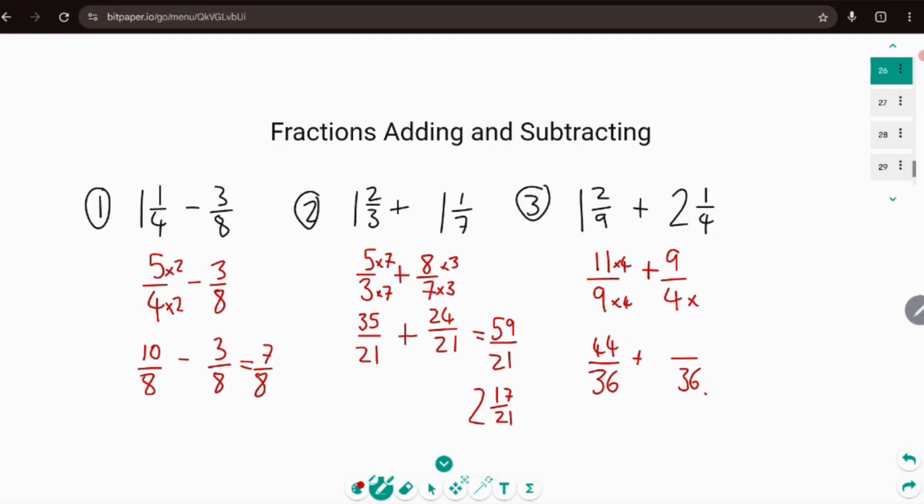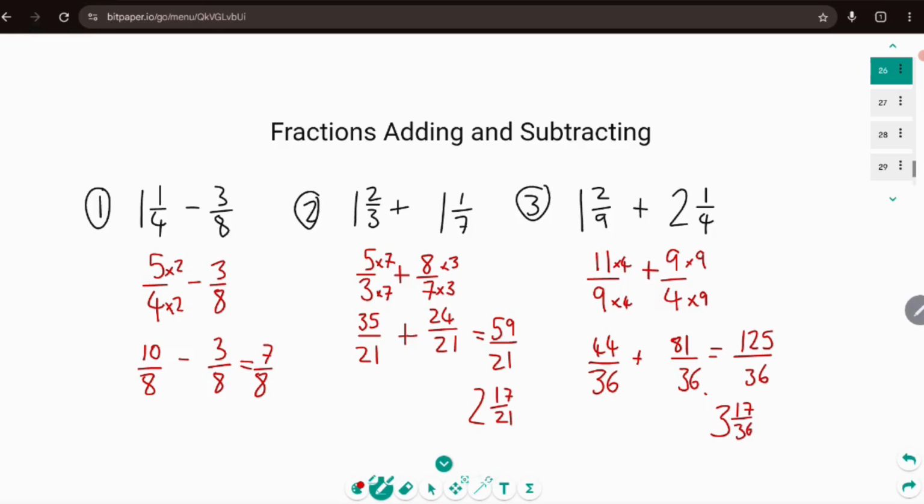Times by 9, times by 9, 81. 44 add 81 is 125. 36 into 125 goes 3 times. 3 lots of 36 take you to 108. So the remainder is 17.